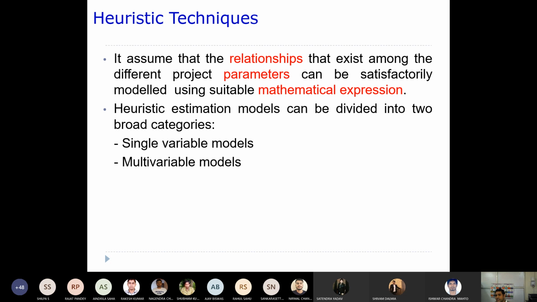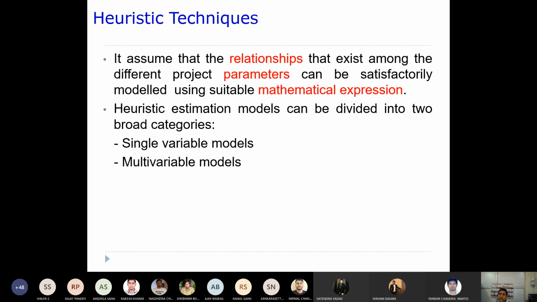Let's say you can think of it like this. You have project size in terms of KLOC. You might have estimated the project size independently using some technique like function point or KLOC. Now from the project size you can easily estimate, let's say, effort.